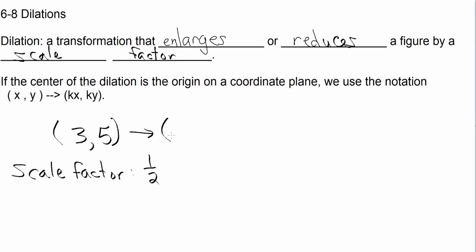Well, then our notation for that scale factor to figure out where the dilation would go would be, scale factor, this is k, so k equals 1/2. So the scale factor would be 1/2 times 3, and then we use scale factor again, k, 1/2 times 5.